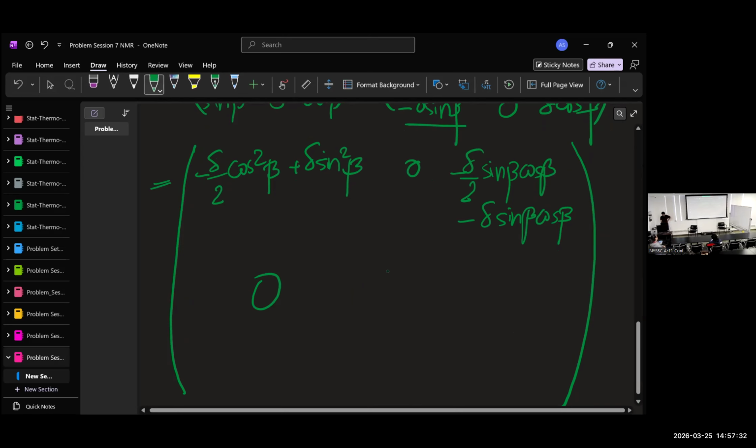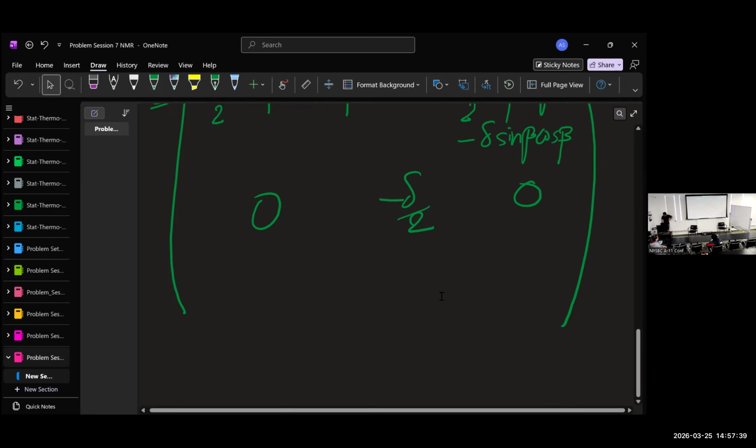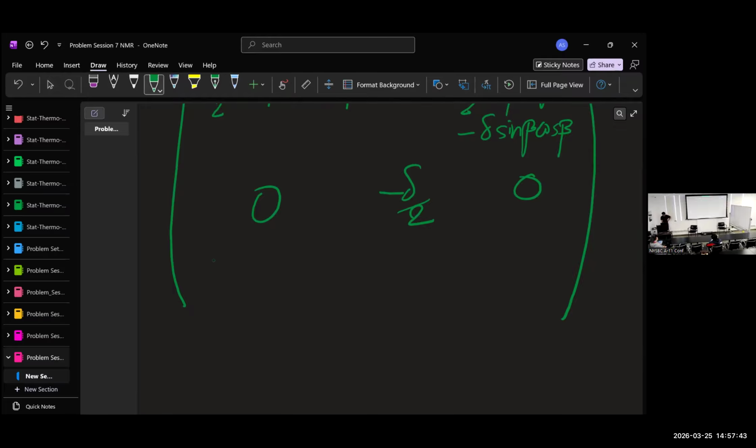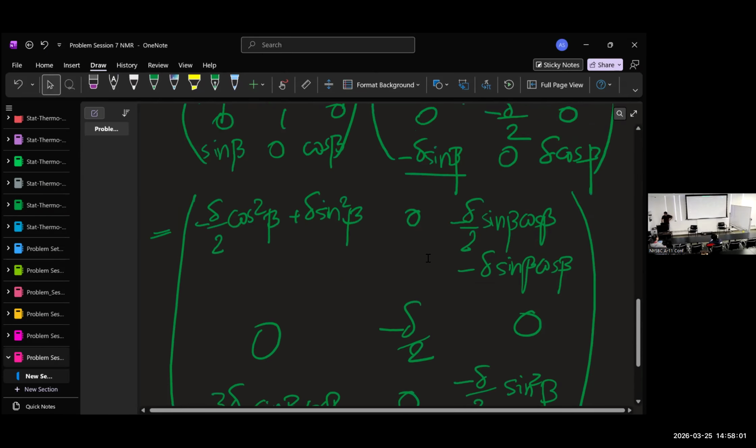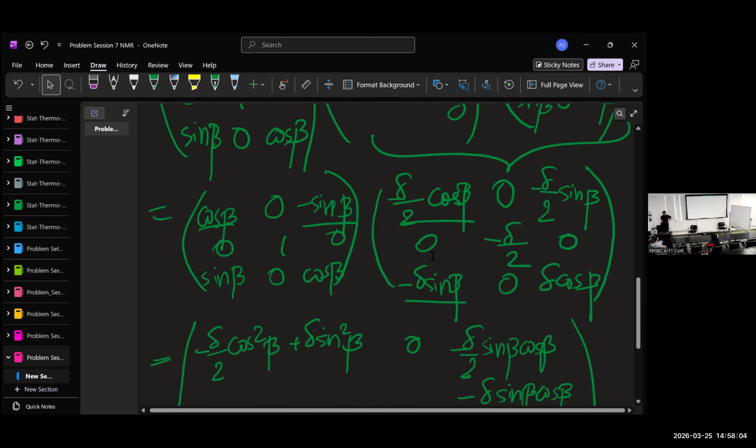As usual, because you have a rotation around y, the y term will always remain invariant. If I understand this correctly, you will get here minus 3 delta over 2 sine beta cos delta. I just did that by going through this term by term.